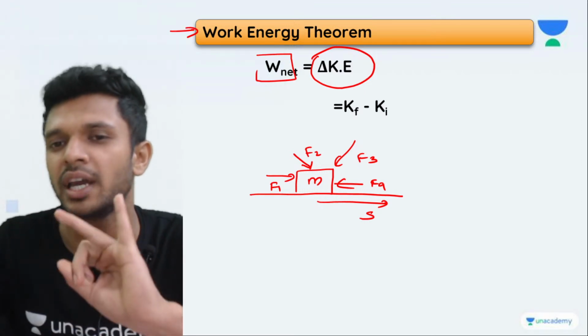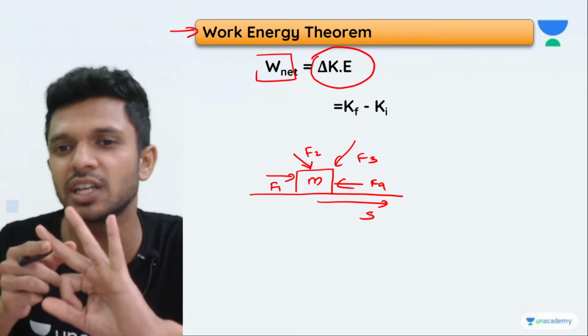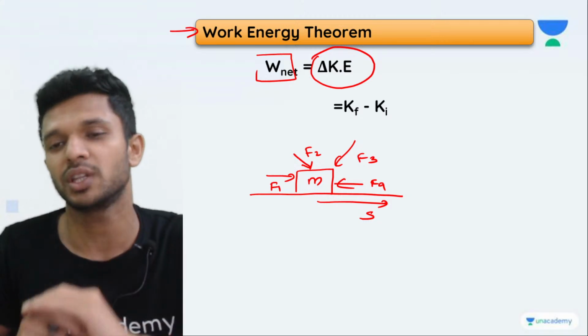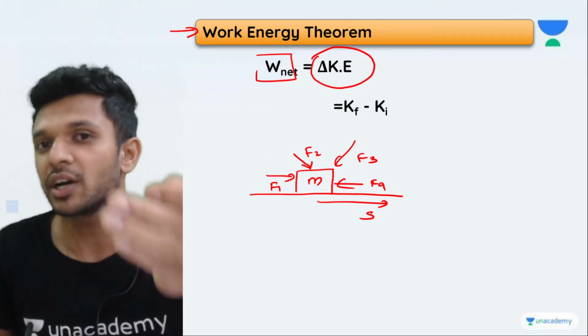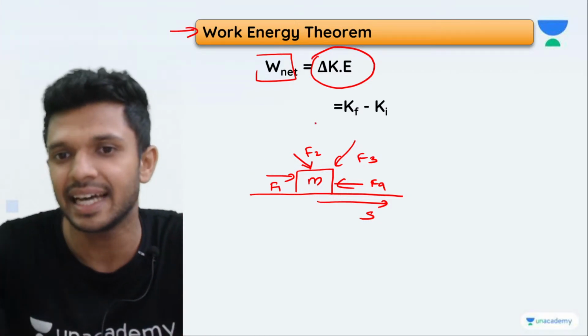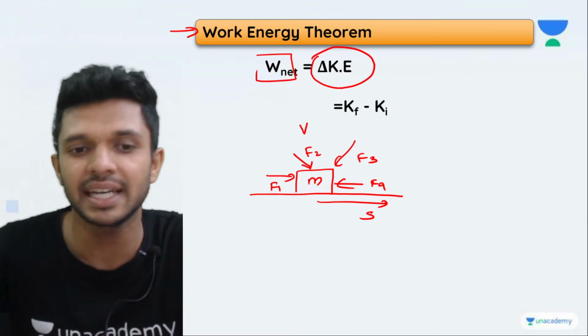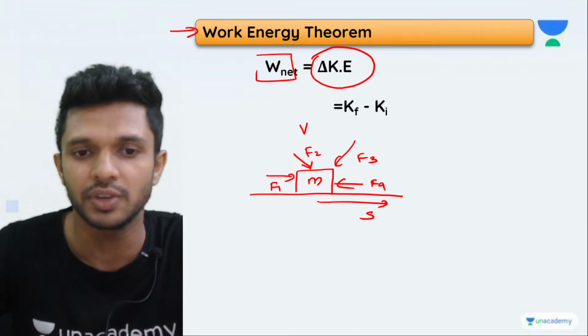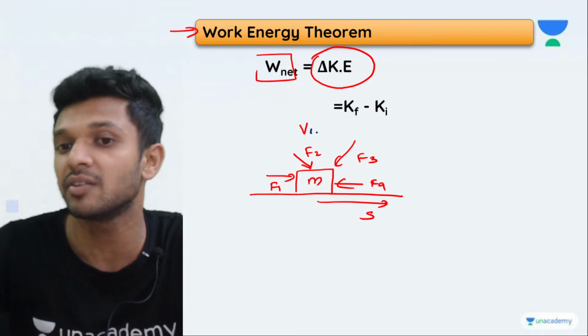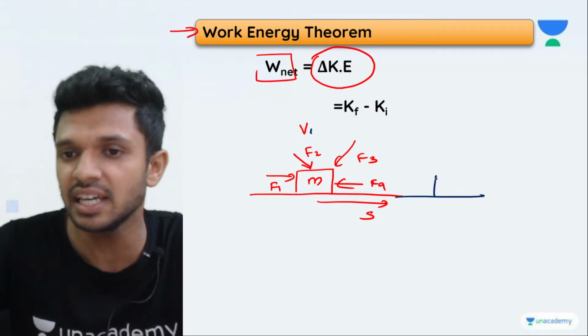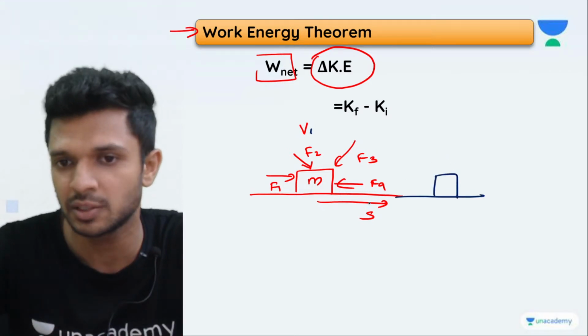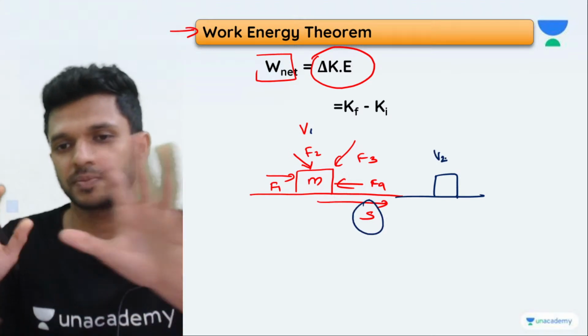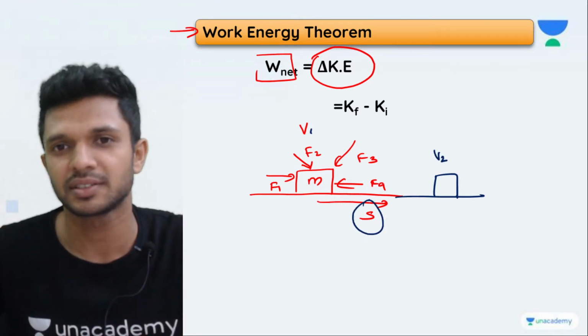F1 will be doing work, F2 will be doing work, F3 will be doing work, F4 will be doing work. Because of the work done, let's say this mass, which had an initial velocity of v1, has changed its velocity after making some displacement of s to v2. This is the situation, right?